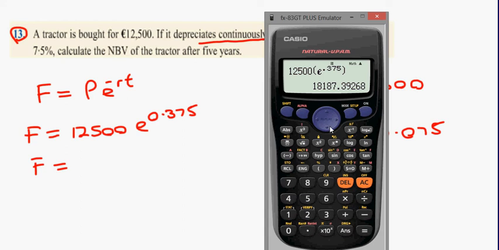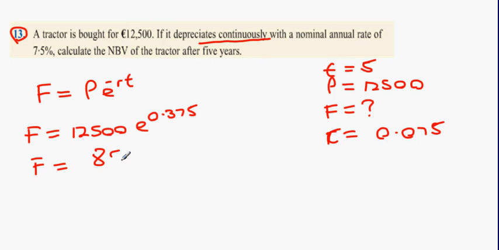Yeah, that should obviously be smaller. Oh, it's a negative number, by the way, so it's e to the power of minus, because it's a negative r. See the negative r? So what we get is 8,591.12. So remember, that's a minus sign there, okay?